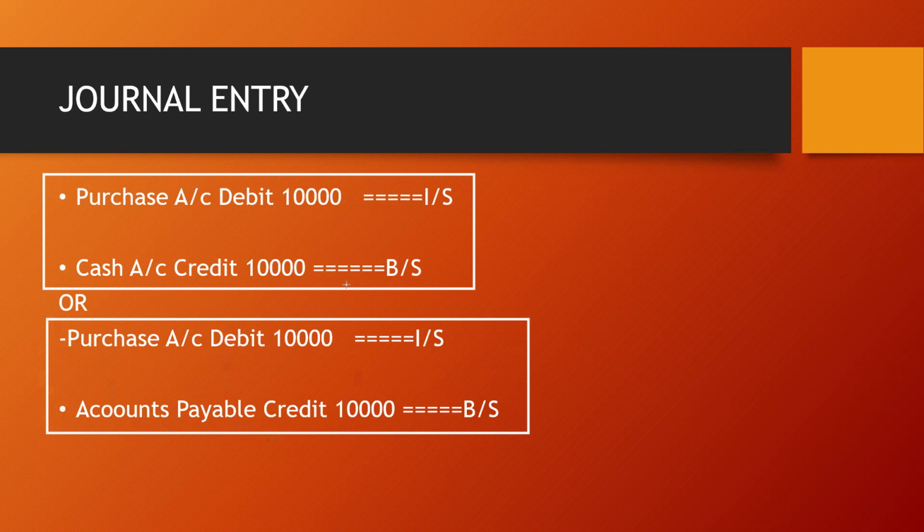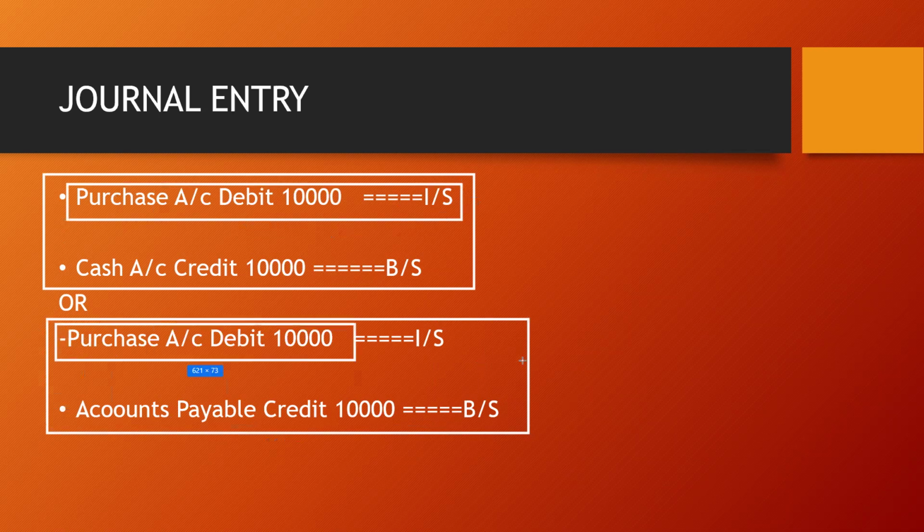In both situations, purchase is the only item which goes to the income statement. So if he made a partial correction, even if he adjusted the cash or the accounts payable, it won't matter. It's not part of our question, just ignore it.